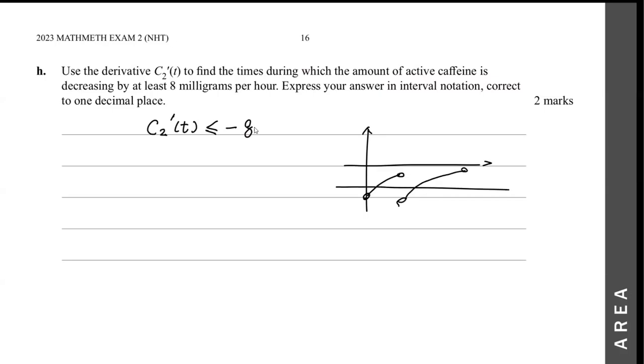And you can find, okay, this is c dash t equals -8. Even lower than -8, the horizontal line, okay? Alternatively, you could use the absolute value of c dash t greater than or equal to 8, which should yield the same thing.